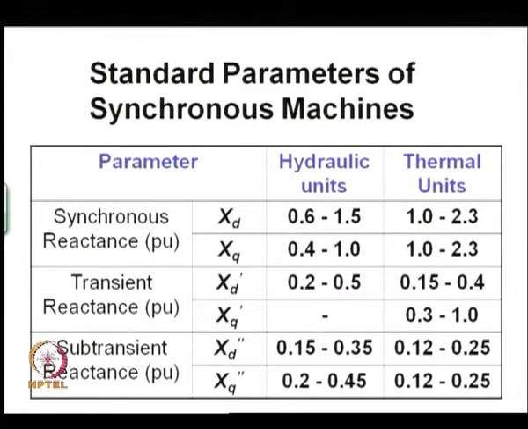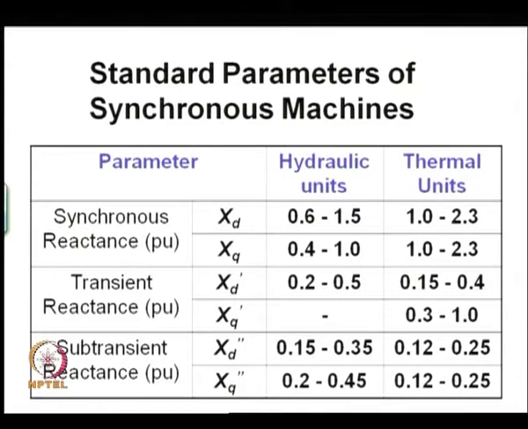Synchronous reactance in per unit for hydraulic units is lower. You look at this, x d is 0.6 to 1.5, whereas for thermal units it can be quite high, almost 2.3 per unit. We shall see the implications of having such a high synchronous reactance later when we discuss excitation systems.